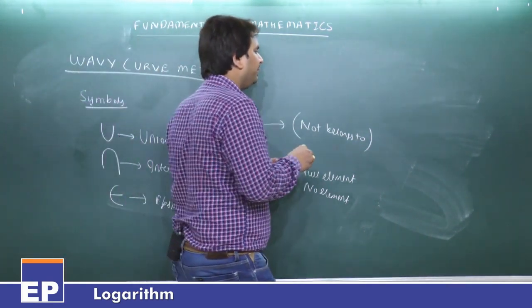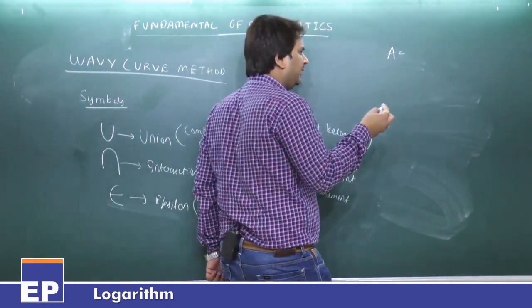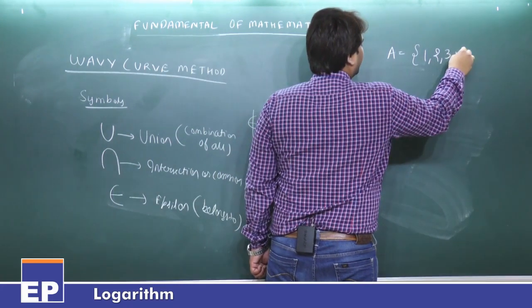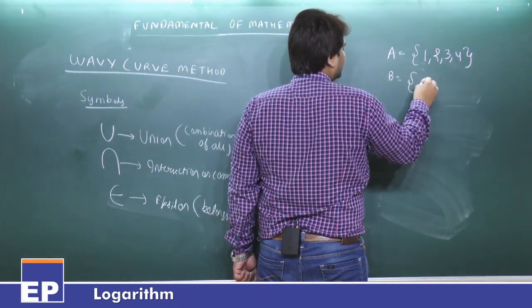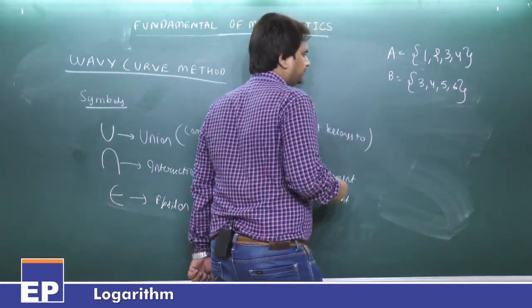Let us take an example. Let A be a set with elements 1, 2, 3, 4, and B a set with elements 3, 4, 5 and 6.